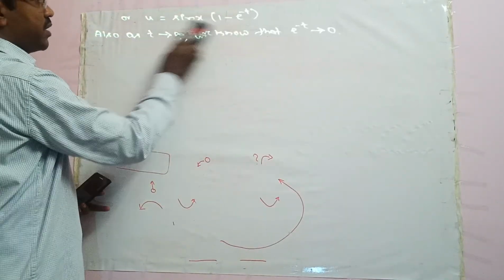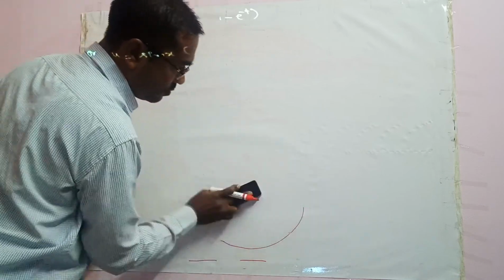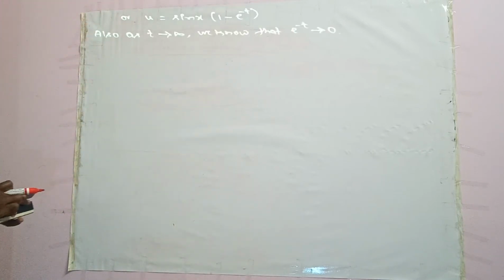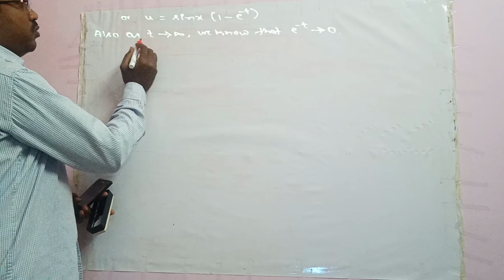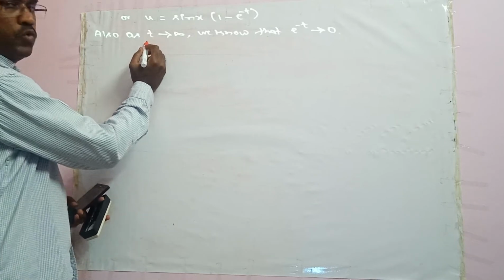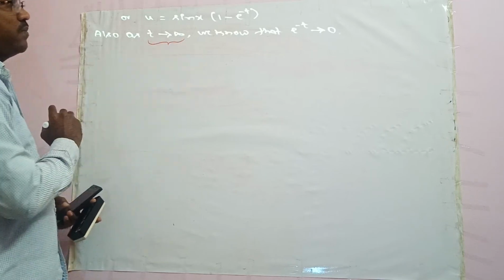Now let us go for the second part of the question. What is the second part? To prove the second part, let us see what happens to u when t is tending to infinity.